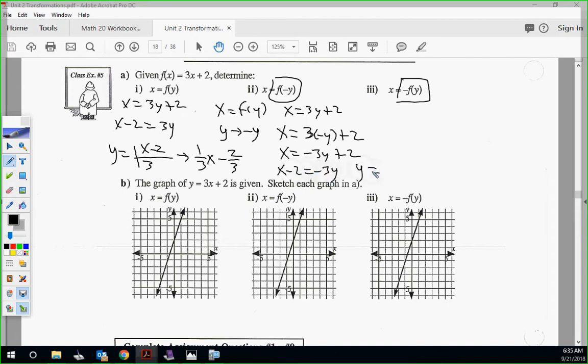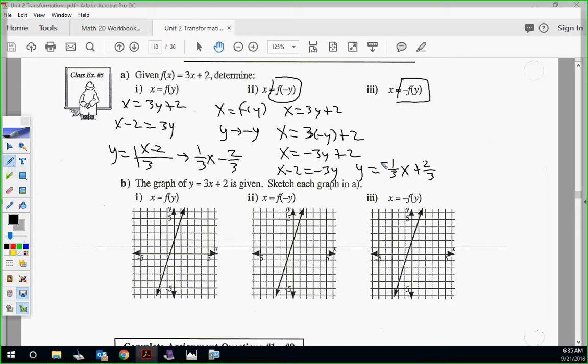So y equals negative 2/3 x plus 2/3. 2/3, it's 1/3. So we divide it by 3 to the 1. Negative 1/3 x plus 2/3. Okay, so that's what that one is.